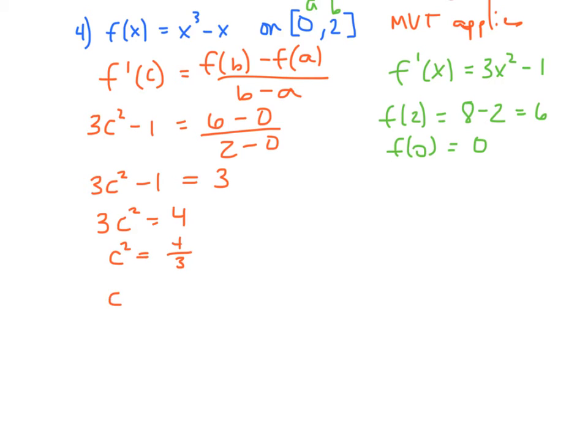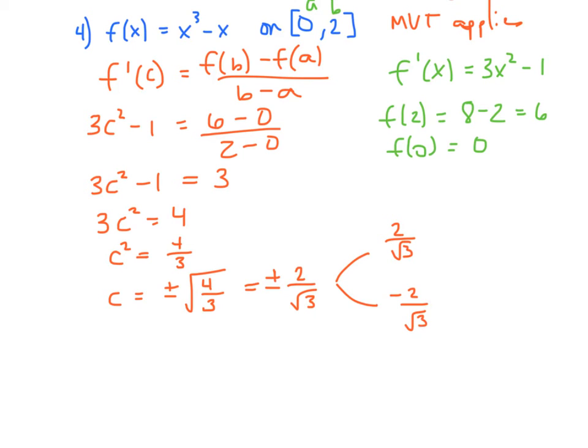Okay, so c is equal to, now remember when you take the square root within an equation, it's plus or minus the square root of 4/3, which is the same as plus or minus 2 over square root 3. Okay, so remember that's two different numbers. That's 2 over the square root of 3, and that's negative 2 over the square root of 3.